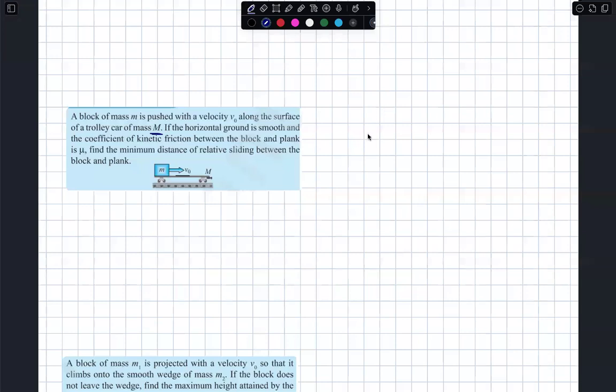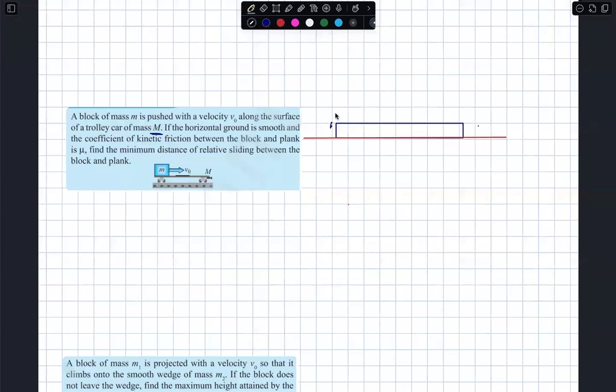See, you can consider the situation almost like this. Imagine a plank whose length is a bit long, and this is a smooth horizontal floor, right?